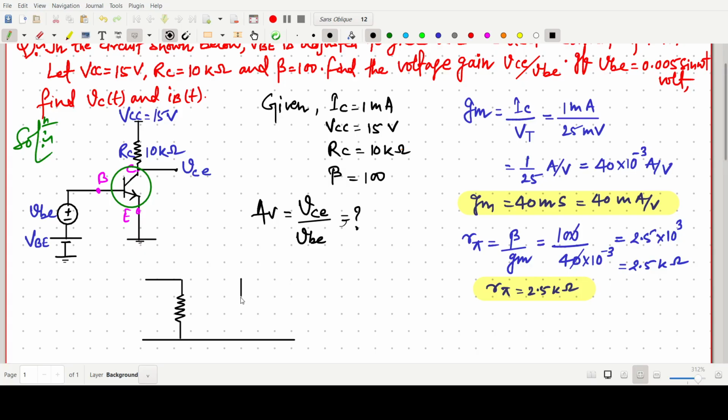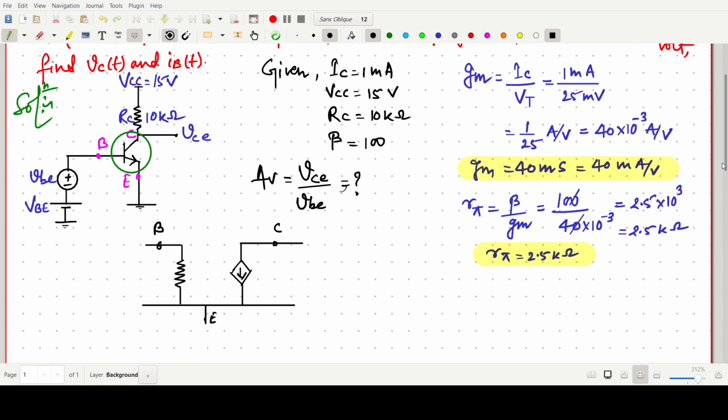In my earlier video I have already mentioned the theory behind it, so I am not going to discuss that part. Basically this portion is our base, collector, and this is the emitter, and this emitter is grounded.